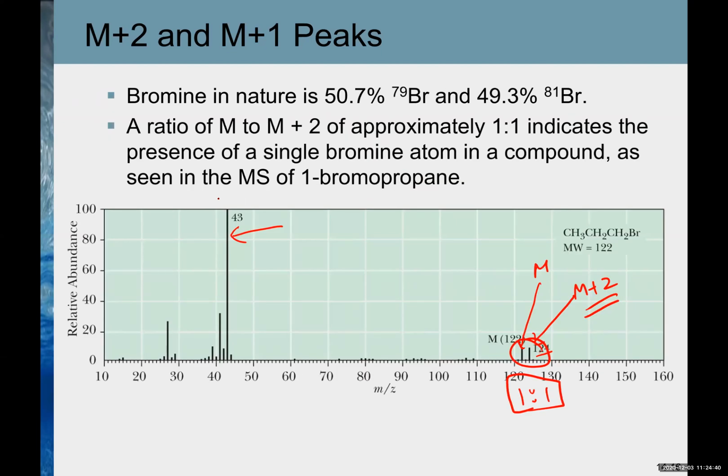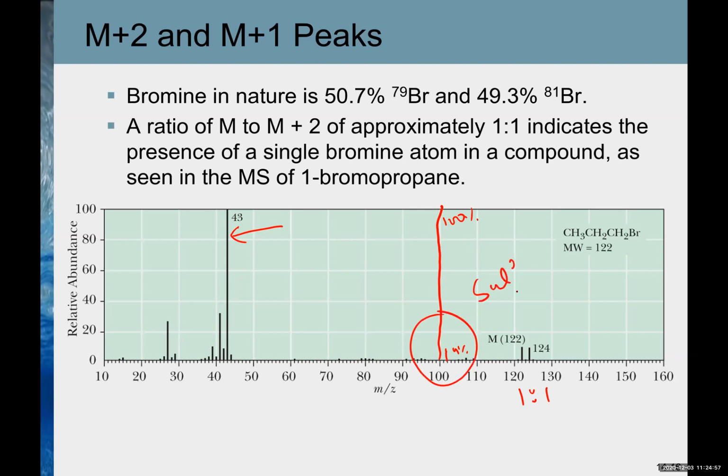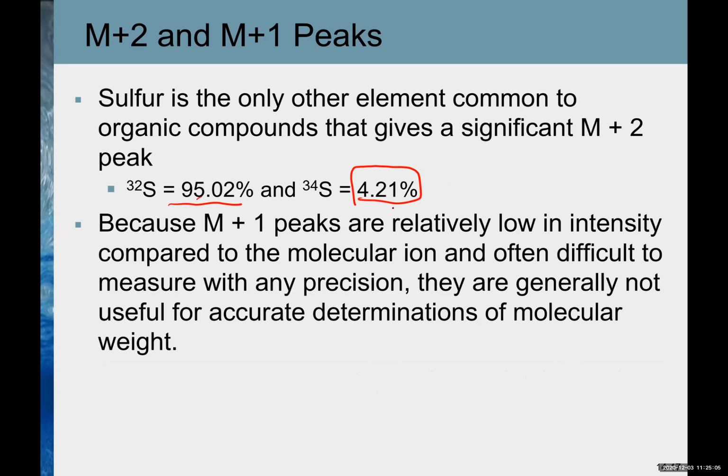For example, if I have a molecular peak of 100% here and M plus 2 of 4% here, this would be a typical behavior of sulfur, because we know the ratio between the normal isotope and this one is about 100 to 4.